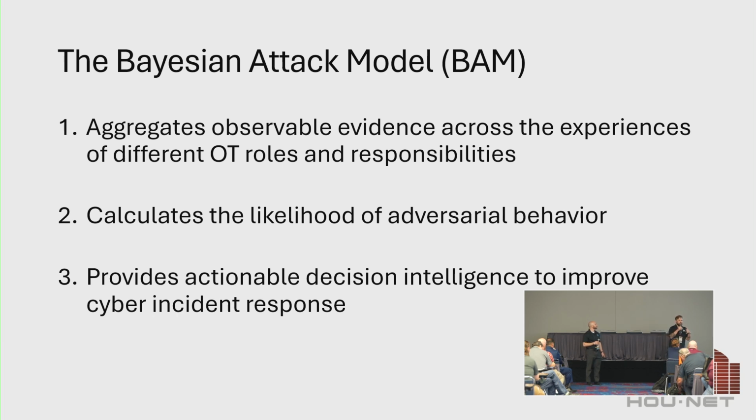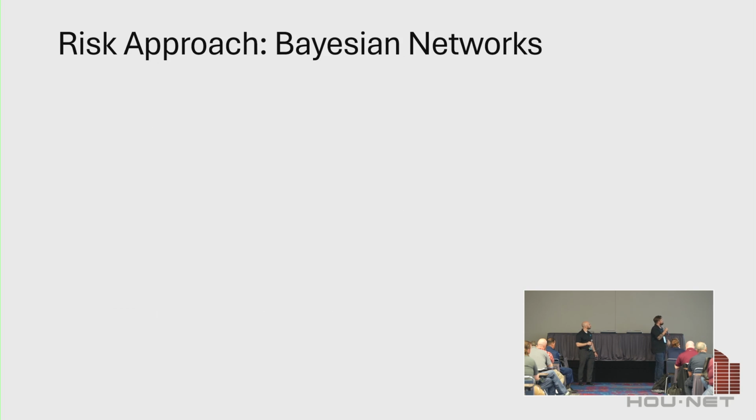Is this something we need to actually consider anomalous, or is it not? There's a whole lot of work that goes into that, but if someone knows it's anomalous, usually they have a really good intuition because they're familiar with their environment. So we just wanted to provide a way to aggregate that and give that a likelihood score so that they could communicate that to their decision makers, or if they're the decision maker themselves, they know transparently how we got to this point. So let's go to the next slide.